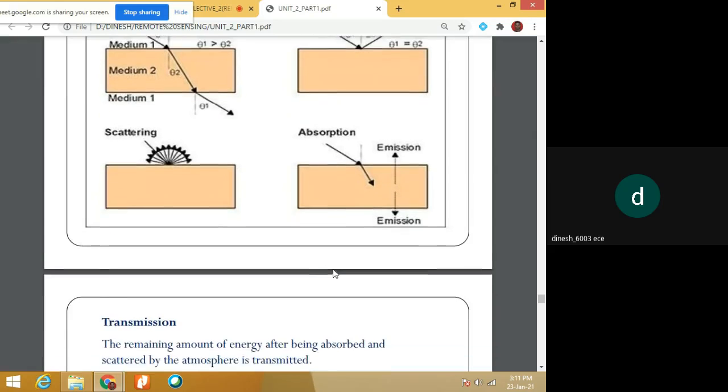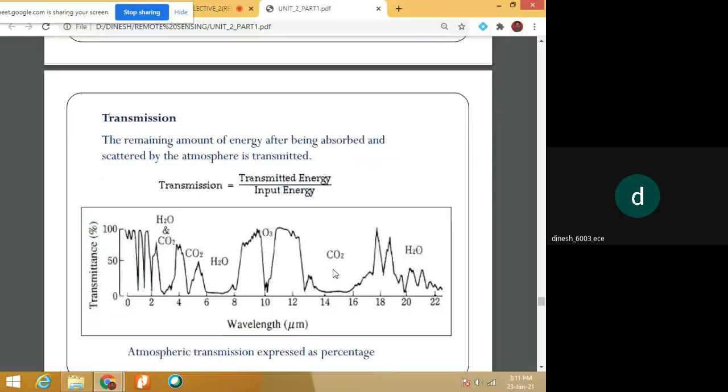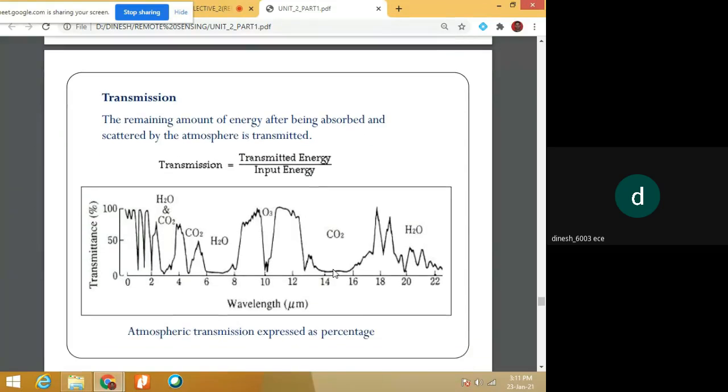So how do we calculate this transmission? Atmospheric transmission, in terms of percentage, can be calculated as transmitted energy divided by input energy. The remaining amount of energy after being absorbed and scattered by the atmosphere is transmitted. You can see for different wavelengths what is absorbed more. From 0 to 22 micrometer wavelength, the transmittance, taken from 0 to 100, will be like this.